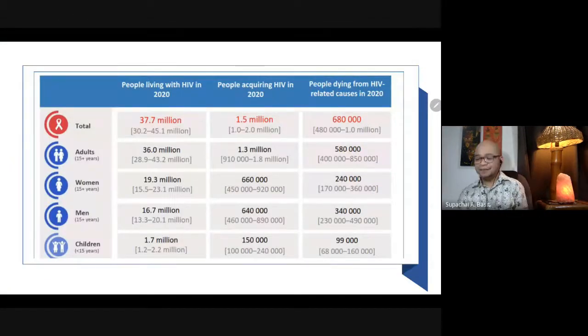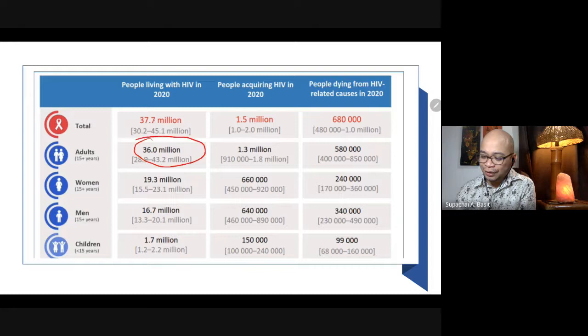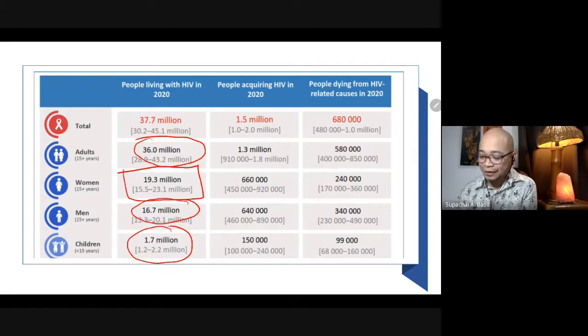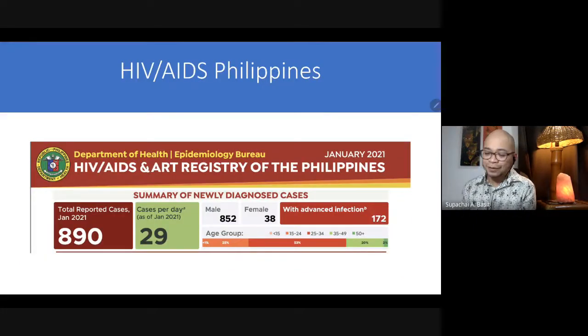And if you look at this very sad statistic, in 2020, out of the 37.7 million, 36 million are adults, while 1.7 million are children. Now, there are more women with HIV as compared to men, 16.7 million. Okay? How about in our country?